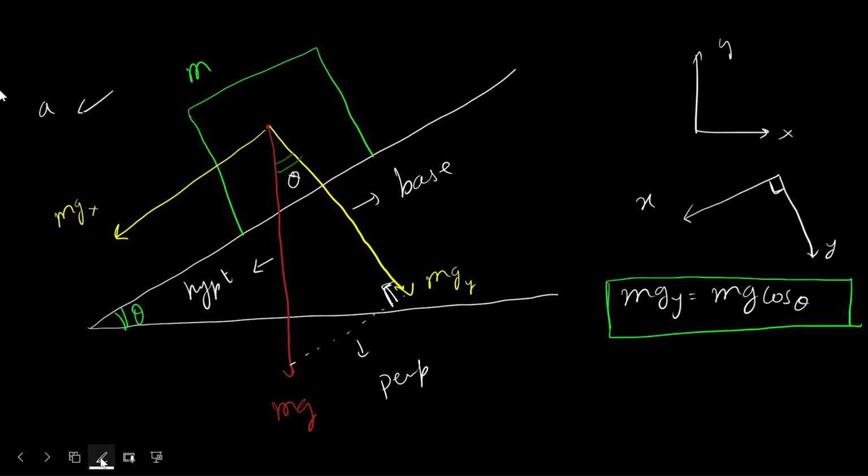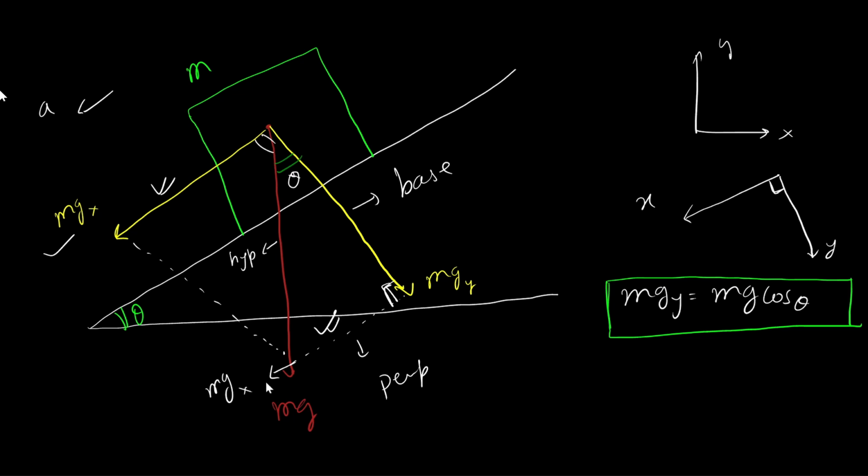Now, as far as the mgx component is considered, I can either do complicated geometry and figure out what this angle is, or I can simply draw a parallelogram and make these two sides equal, right? The opposite sides of a parallelogram are always equal. So either I figure out this, or I can also figure out this. These two are going to be similar. So let's try to figure out this.